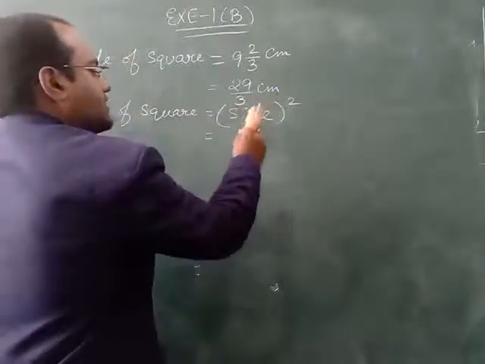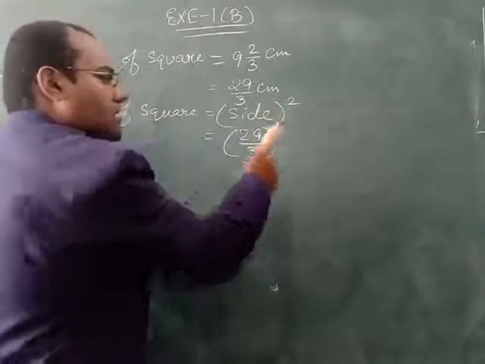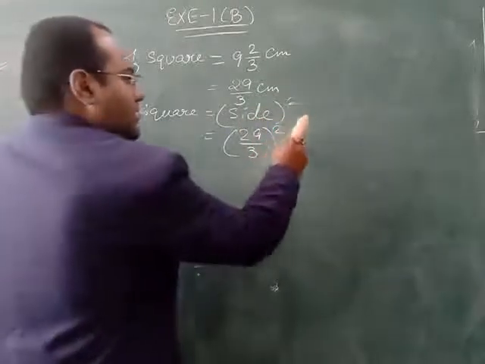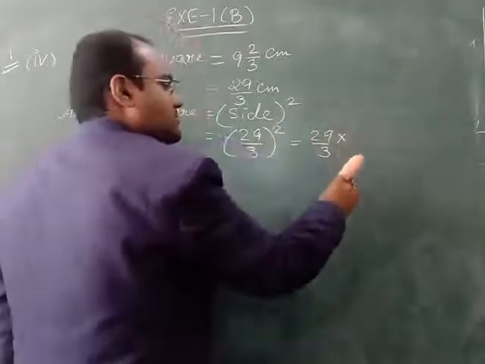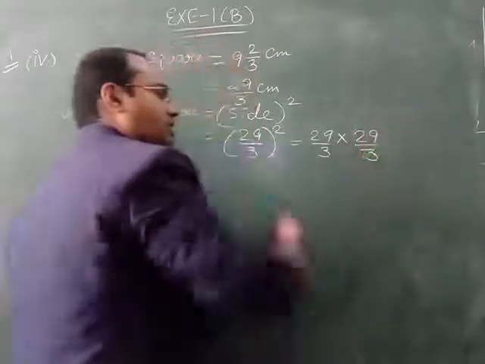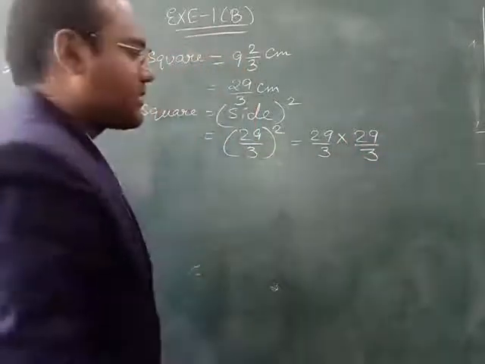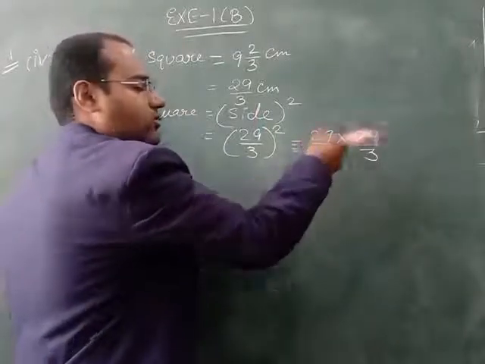So side square is 29 upon 3 whole square. Whole square means we have to multiply 29 upon 3 two times. So again we will write 29 upon 3. Now nothing is getting cancelled here, with the table of 3 these 29 is not cancelled.